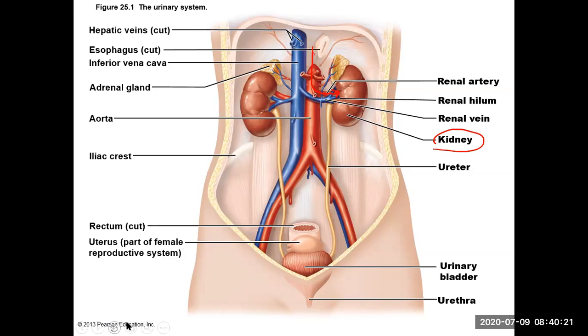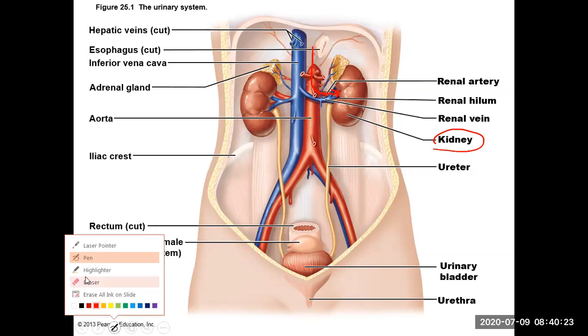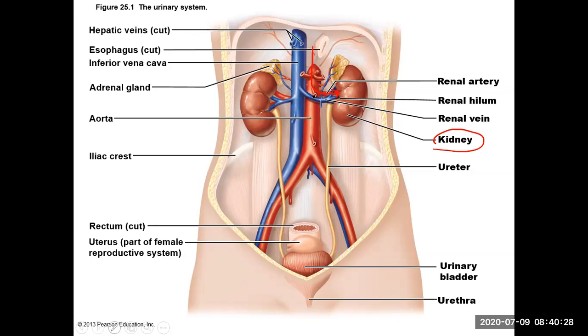All right, as they exit through the ureter, the ureter links the kidneys to the urinary bladder. So the urinary bladder is a temporary storage for the urine, right?